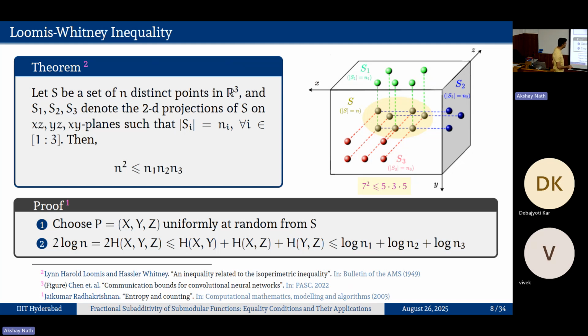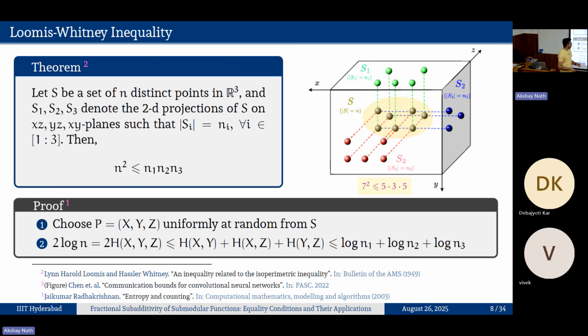So h of xy is bounded by log n1, h of xz by log n2, and h of yz by log n3. Now if I take the anti-log, what I get is that n squared is at most n1 n2 n3. What was a really long proof, and this scales up to multiple dimensions as well.